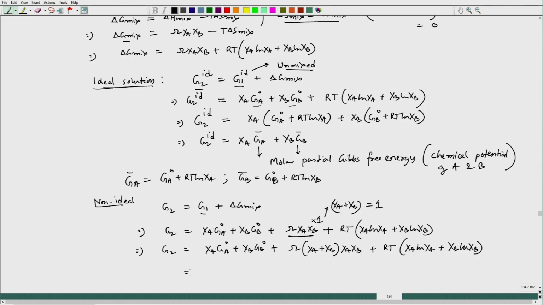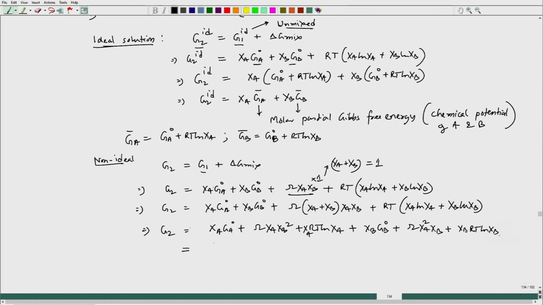We can separate out all the terms with XA and XB. So XA GA naught, we can put it like this: omega XA XB squared plus RT ln XA, times XA, plus XB GB naught plus omega XA squared XB plus XB RT ln XB.